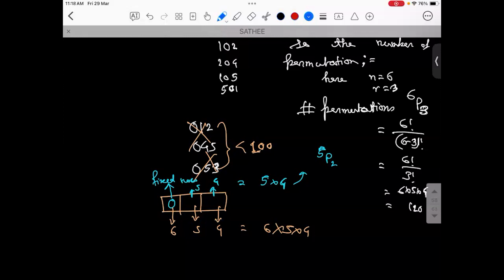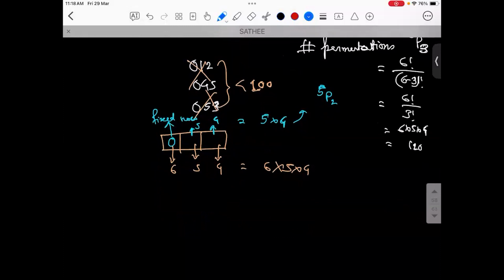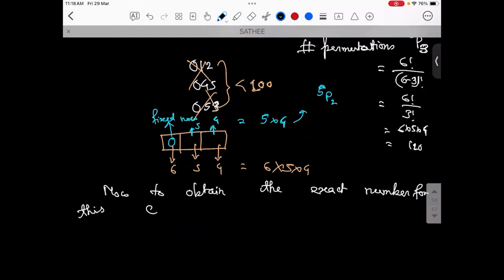Now we are eliminating this blue case to obtain the exact number for this case. We should eliminate the blue case.